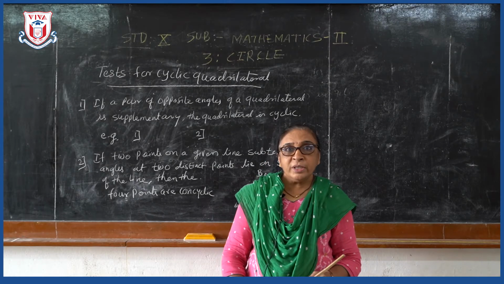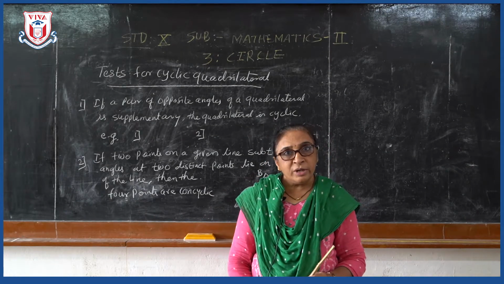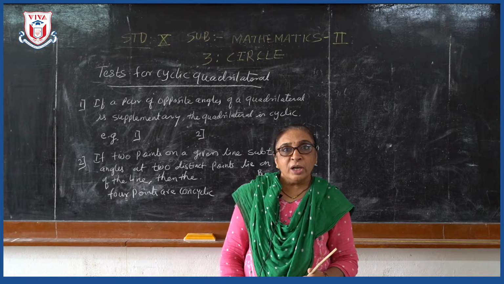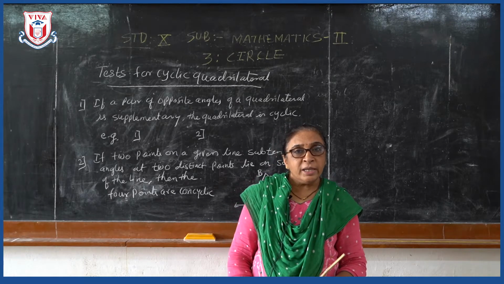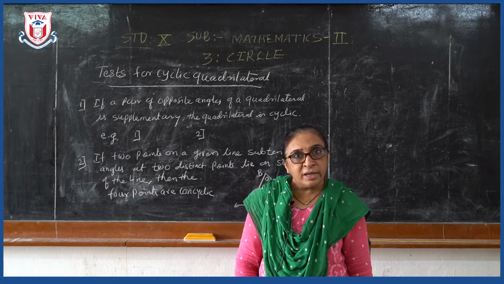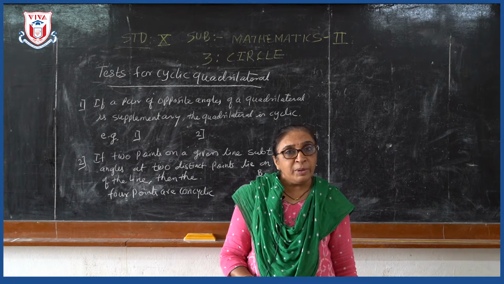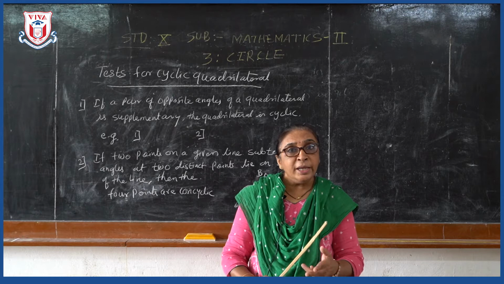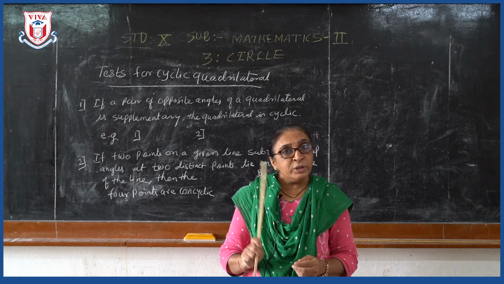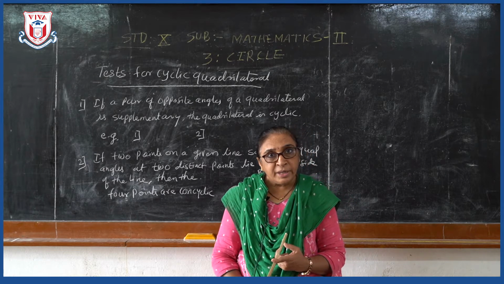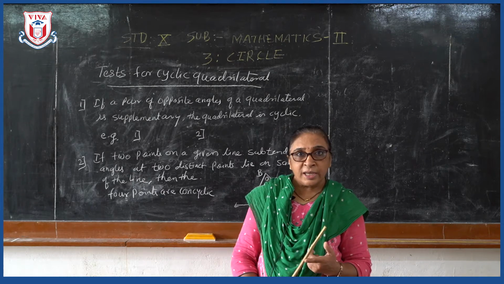Children, we have seen the theorem of cyclic quadrilateral, in which if the quadrilateral is cyclic, then its opposite angles are supplementary. Now, the converse of this theorem will be what? In any quadrilateral, if opposite angles are supplementary, then it is cyclic.